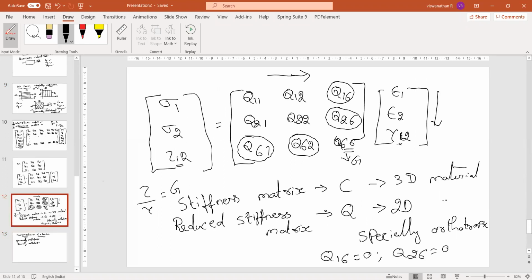And when we write this, what is this matrix? Square matrix. Compliance matrix. This one. This one. What matrix is this?